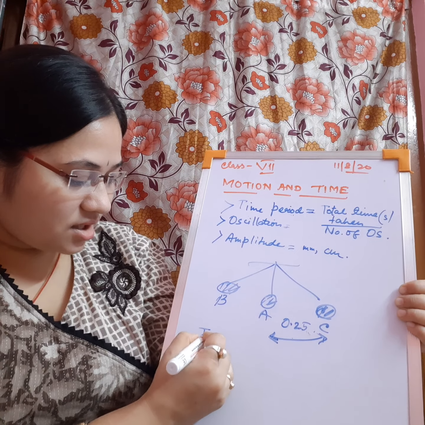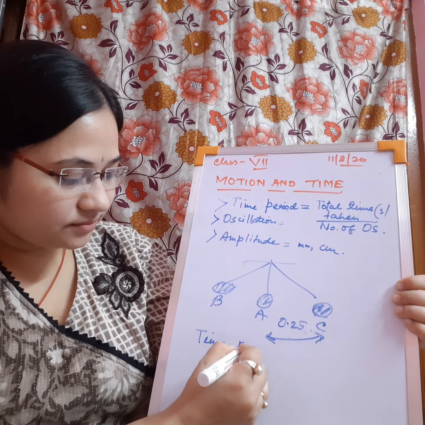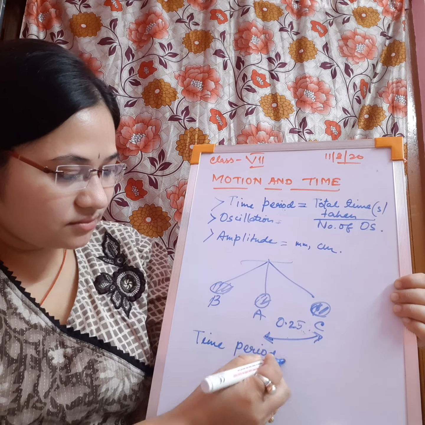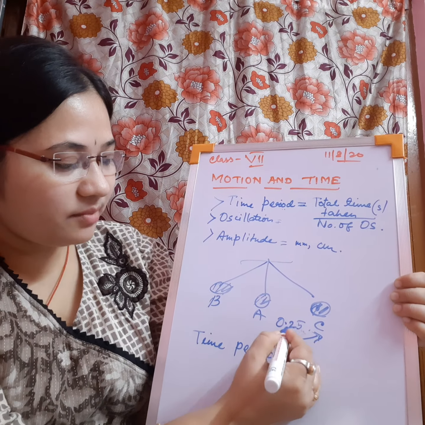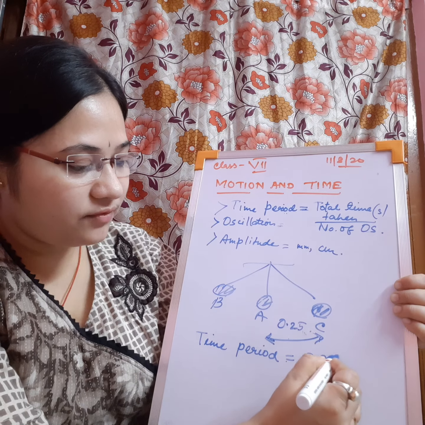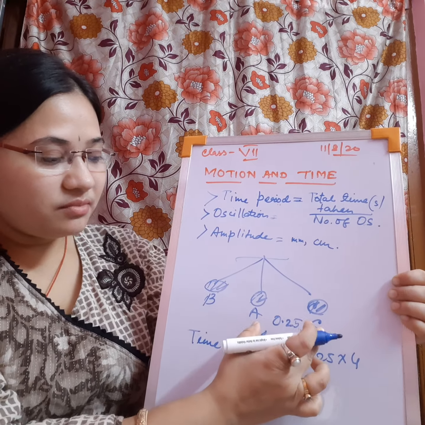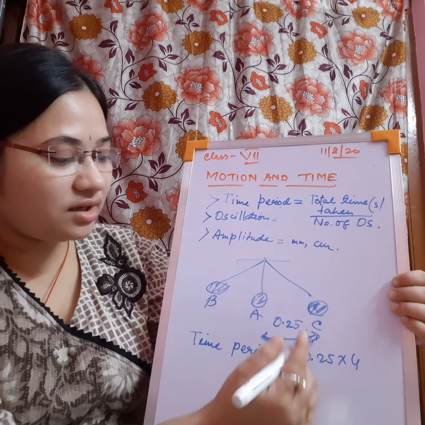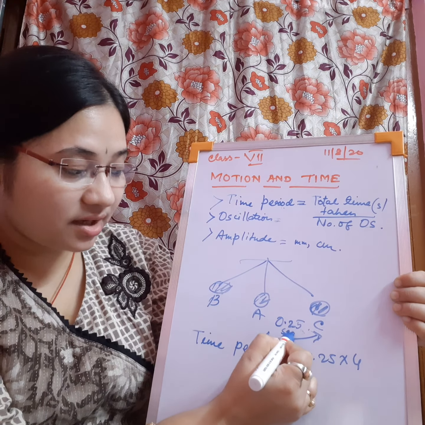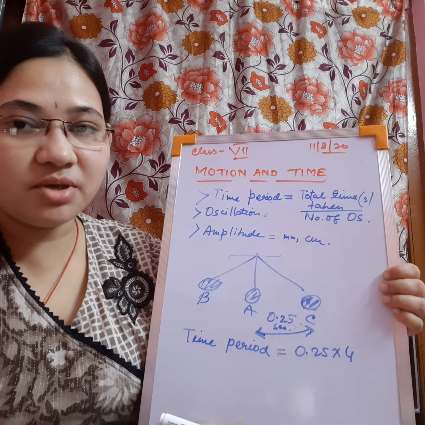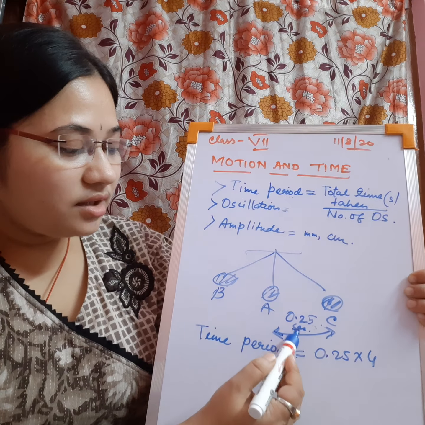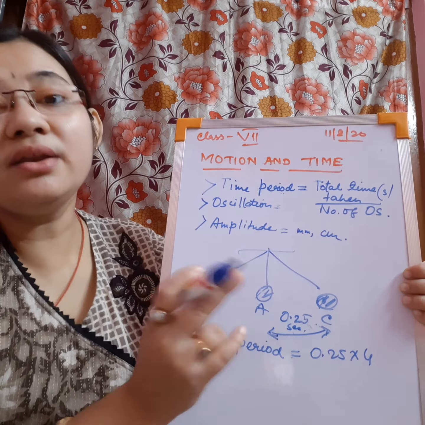So in this case, what will be the time period? Here it will be 0.25 into 4. To move from A to C, it is taking 0.25 seconds. Then how much time will it take to complete one oscillation?